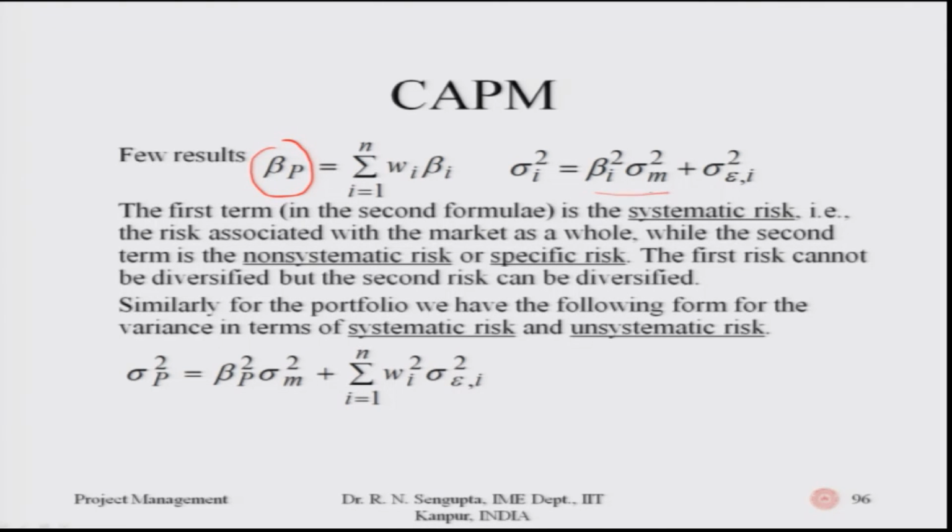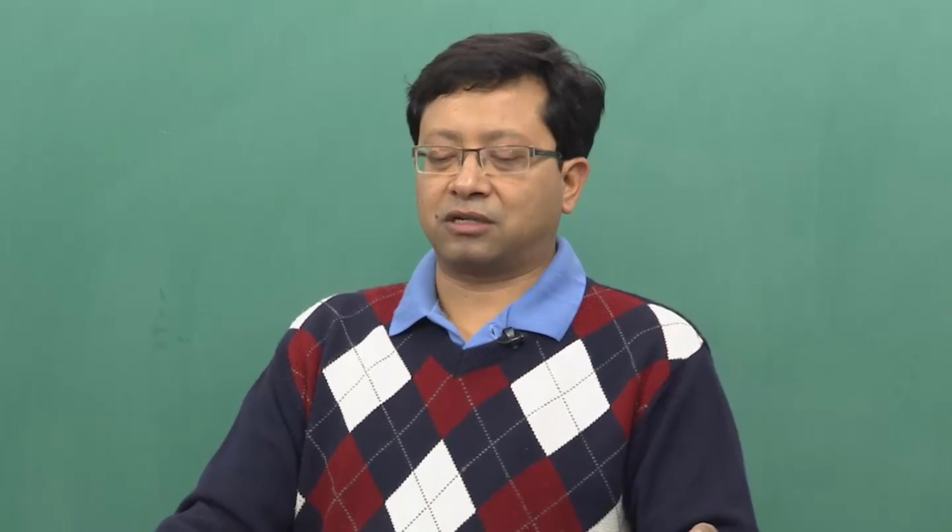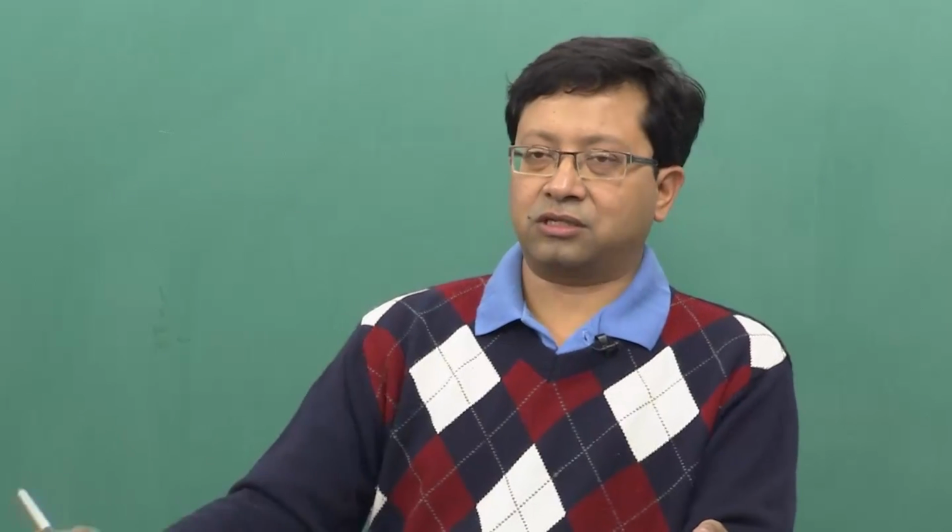The first term is the risk dependent on the market: sigma square m, the variance of the market, multiplied by the square of the beta corresponding to each asset, plus the overall risk of the white noise. Obviously, for any project there would be variations, and the variations would be coming from external sources. So it consists of two parts.